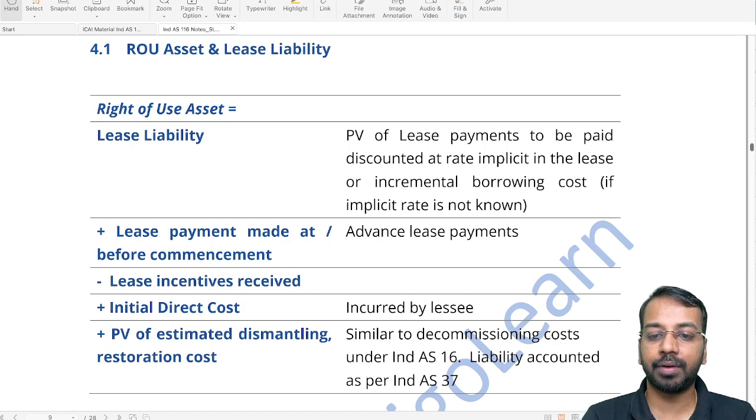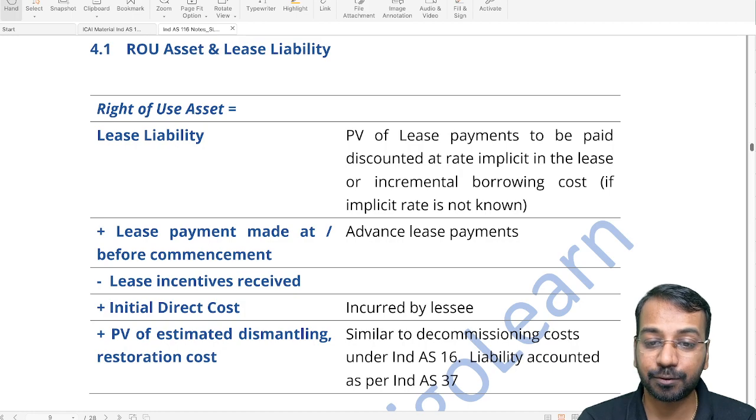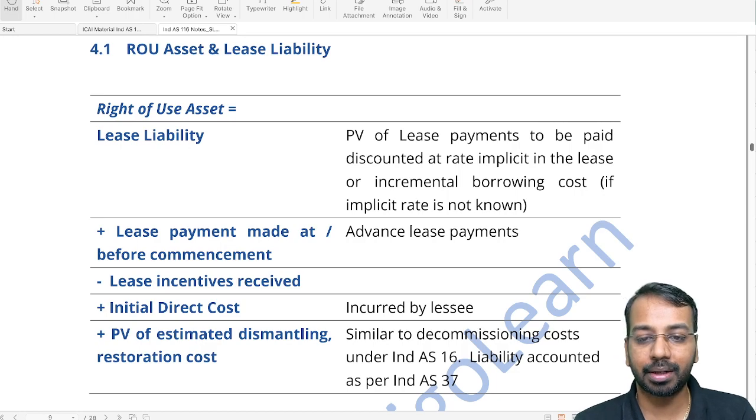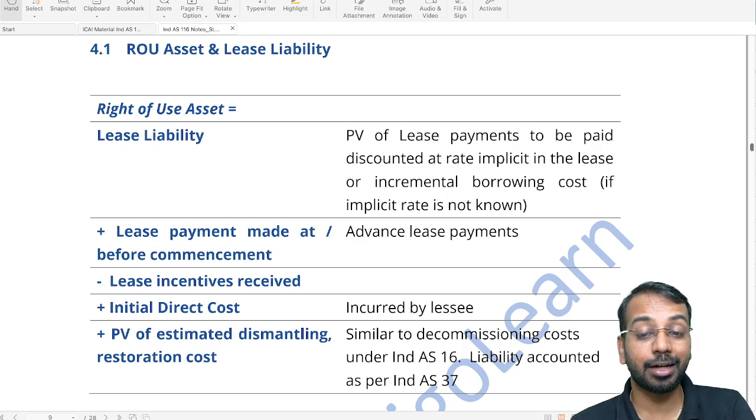Shouldn't there be a cap on the variable lease payment so that it does not violate the substantial economic benefits to be received by the lessee clause for the contract to qualify as a lease? So the fact that the lessee has to pay a variable payment does not stop the lessee from getting substantially all of the economic benefits.